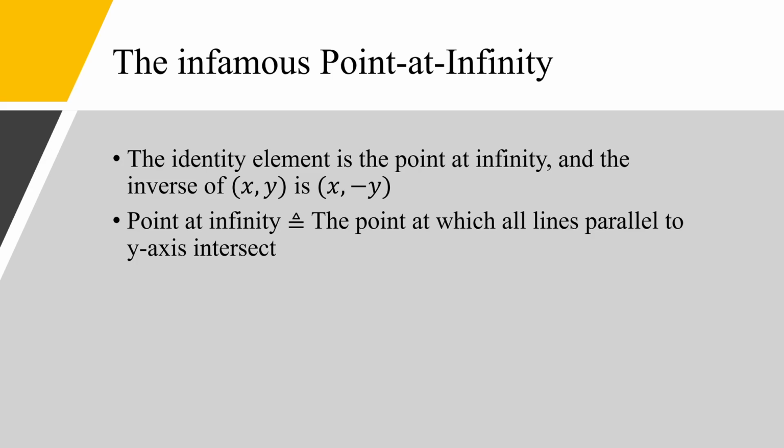If you remember, we learned that all parallel light rays meet at infinity, and it's not that they actually meet. It's just a mathematical construct that we use to simplify our equations. And this point at infinity works the same way. And the inverse is a reflection across the x-axis.